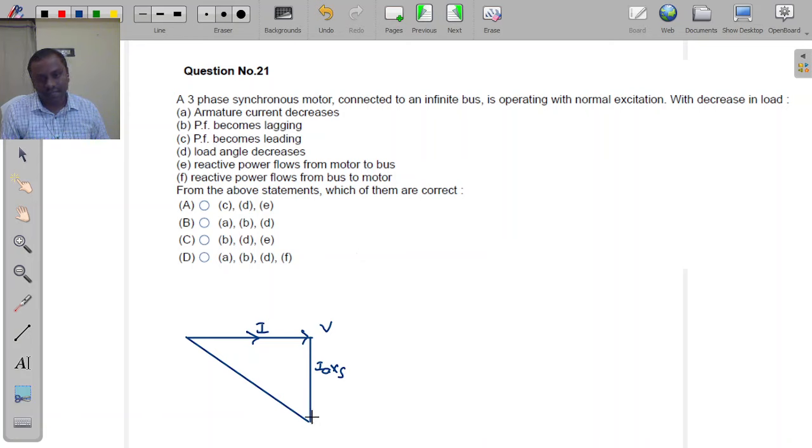When you add V plus IA XS, neglecting the resistance, this will become the induced EMF E for the synchronous motor, and this will become the del, and this is the load.